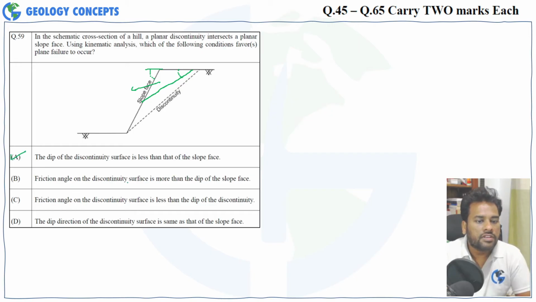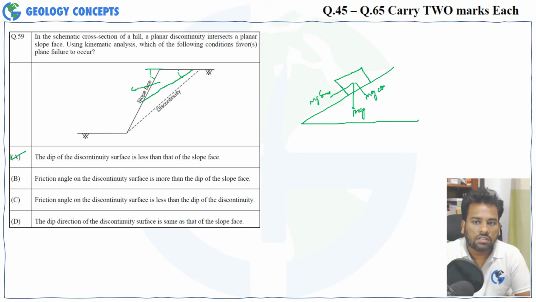Friction angle on the discontinuity surface is more than the dip of the slope face. What is friction angle? If this is a wedge and there is an object kept here with mass, say mg, this will be mg sin theta, and this will be mg cos theta, and this will be the friction.